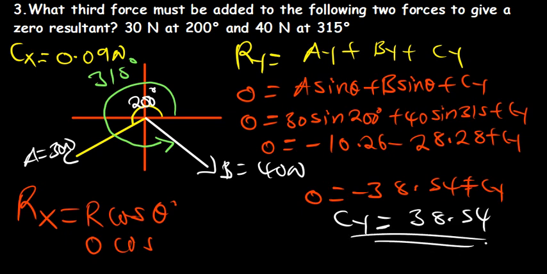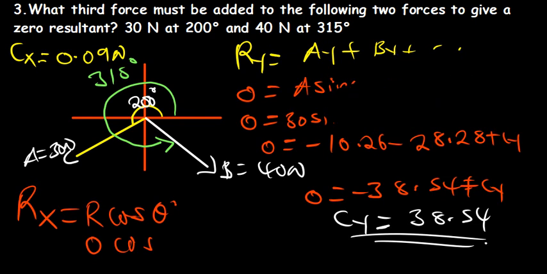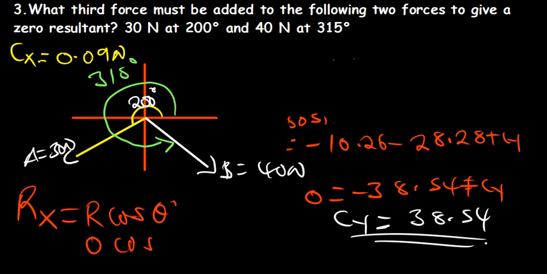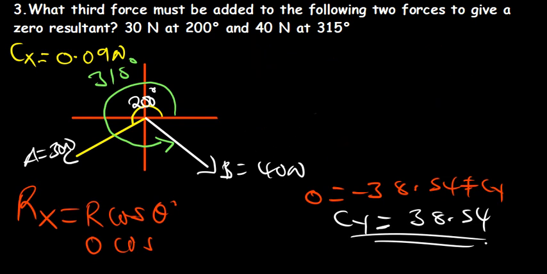Now that I have the x component and the y component of vector C, what does it mean? It means that to find the magnitude of the third force, C, I put an arrow, because this is a vector, so we represent it by an arrow or in the modulus, like that.